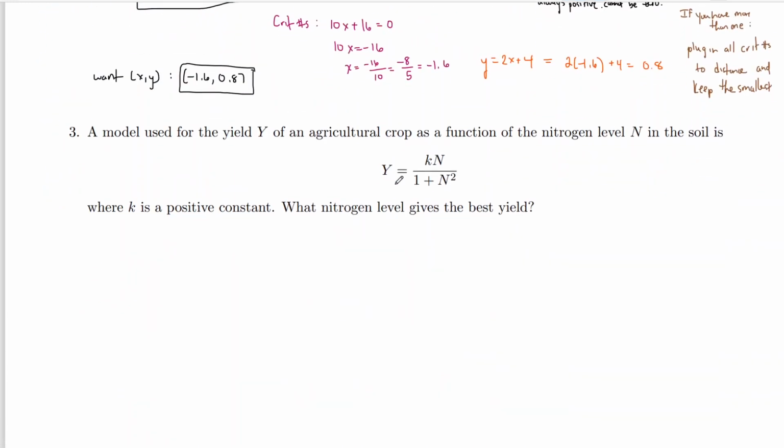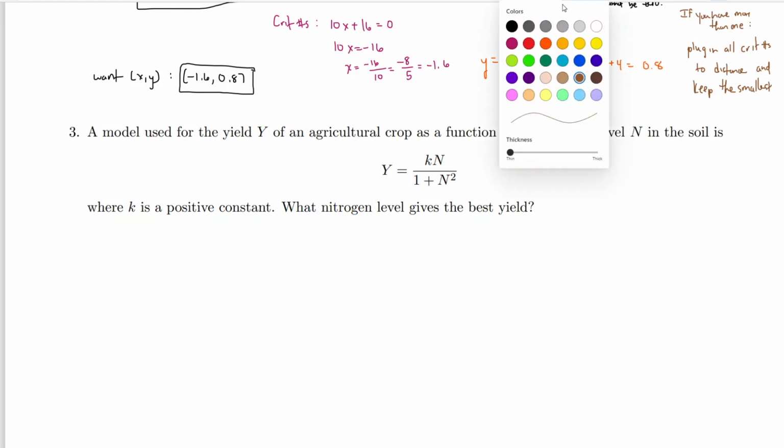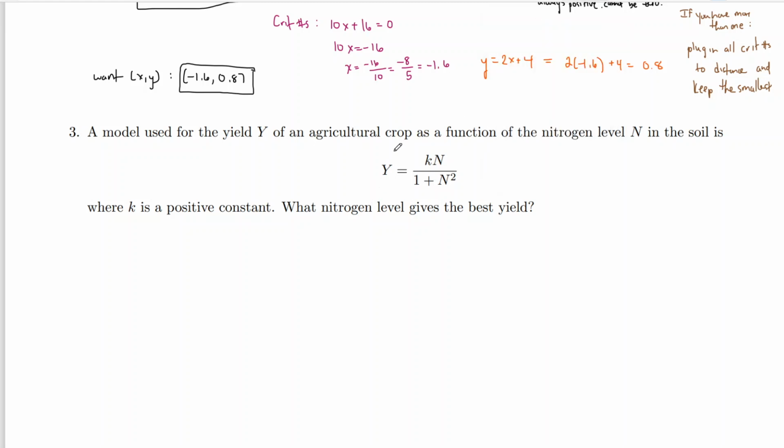Right, now for number 3, this is really the last kind of problem that you can deal with in optimization as far as the way it's set up. The first one, we had a shape. It was a weird shape, but we had a shape. We made an equation from that. Another normal example was the previous one, where we had to figure out something using the distance formula, figure out the closest point.